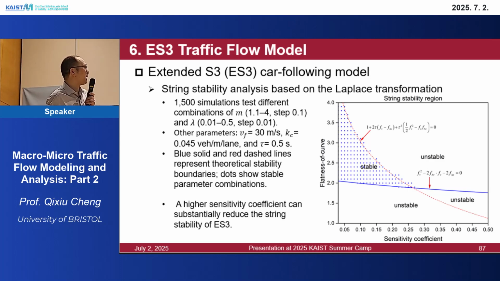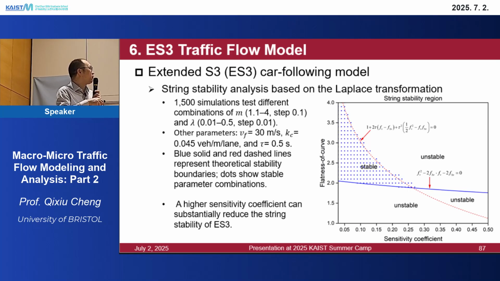And we can find that at high sensitivity coefficient, they're almost unstable. And in our analysis, if we fix some parameters here, we can only obtain the stable region in this region, in the combination of flatness of the curve and sensitivity coefficient.